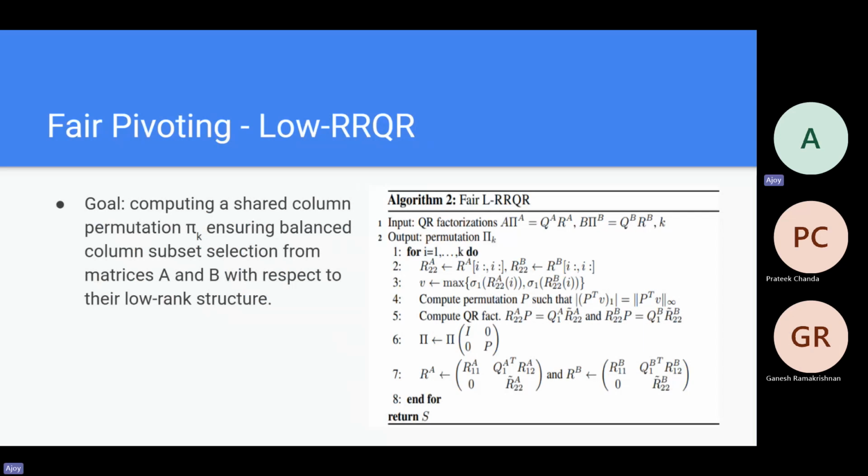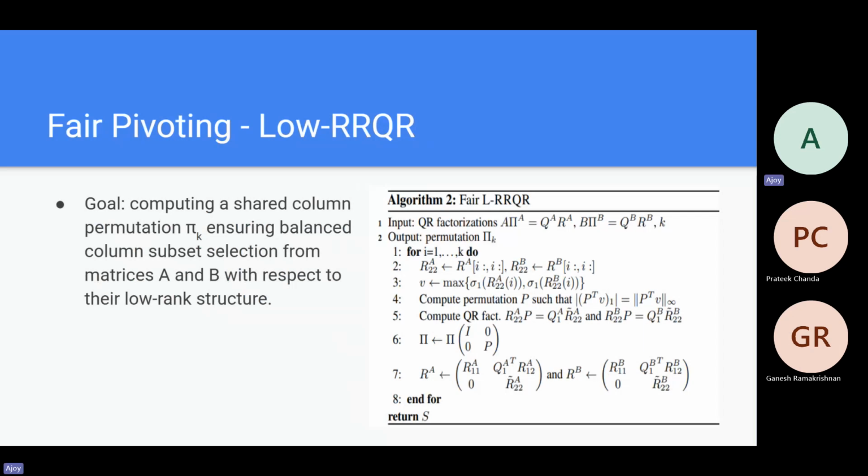So again, given the initial, we will initialize the QR factorizations of A and B, QARA and QBRB, and we will perform the iterations for R22A and R22B. How do we do that? We take the Schur complement matrices for both RA and RB, and we then select the maximum singular value which we are getting for them.